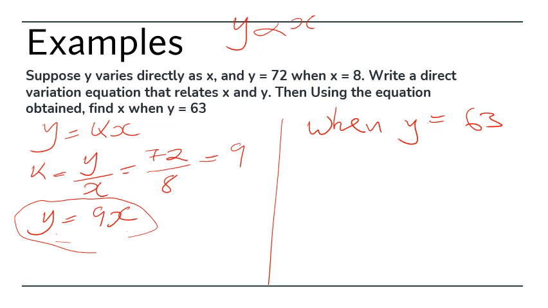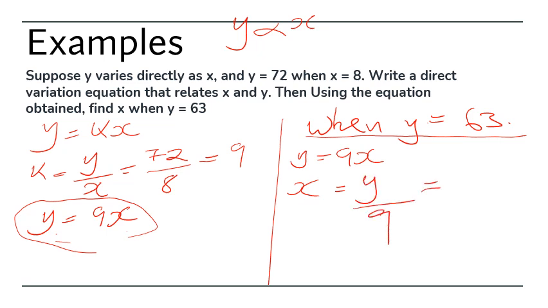In this case, our found equation is y = 9x. So for us to find the value of x, we make x the subject of the formula. It will be x equals y divided by 9, and our y is given as 63.